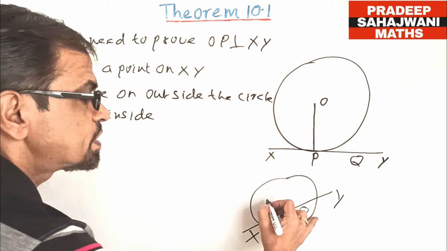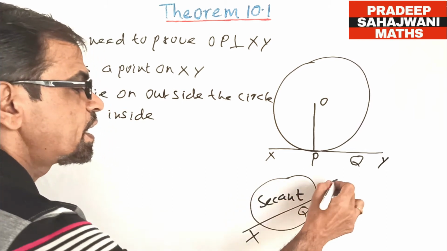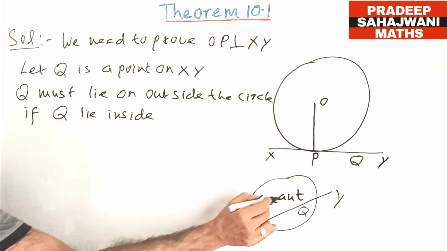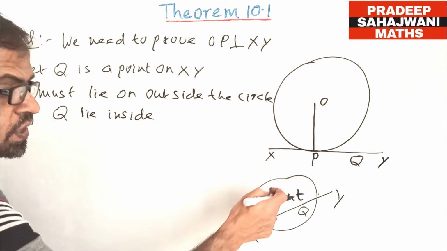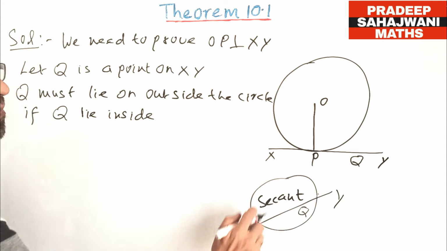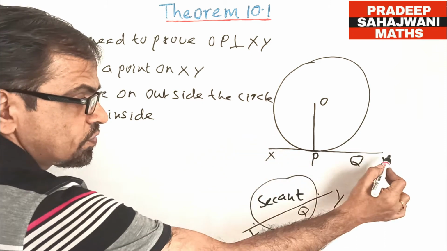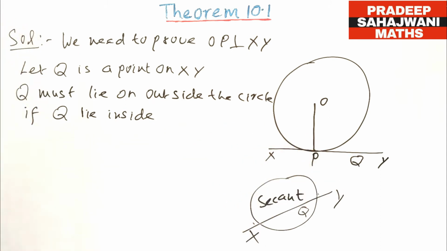It becomes a secant. You know about the secant? Secant is a line which intersects the circle at 2 points on the circumference. But tangent is a line which touches the circle only at the point of contact.